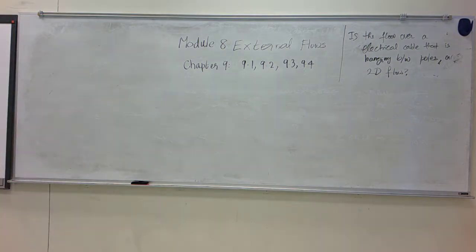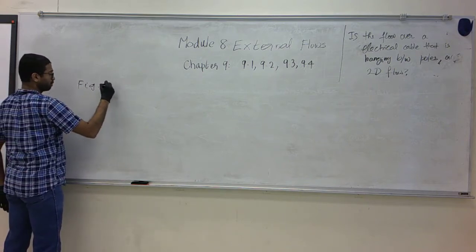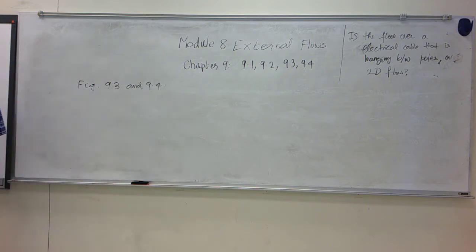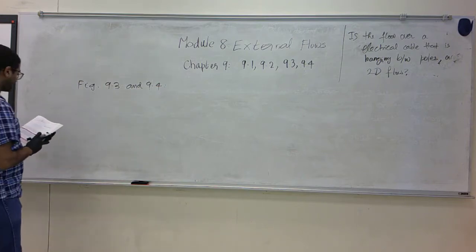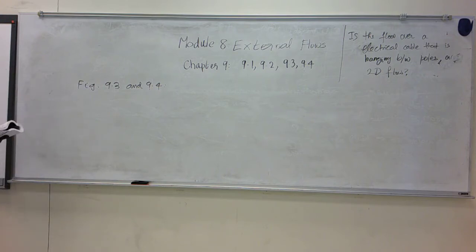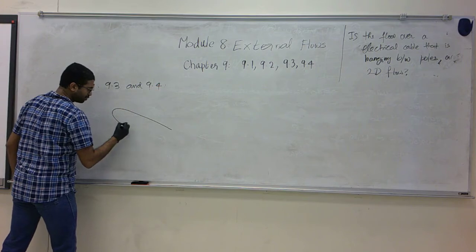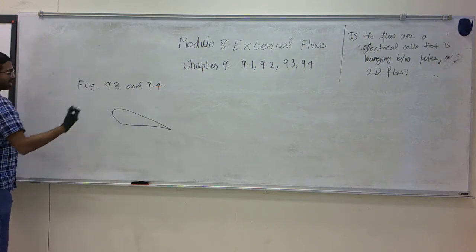So if you look at figure 9.3 and 9.4, what we have there is a force balance, basically a way to calculate the drag force and lift force on an object that is at an angle theta to the direction of fluid flow. That is, if you have some object, it could be an arbitrarily shaped object, or it could be the airfoil that I drew.